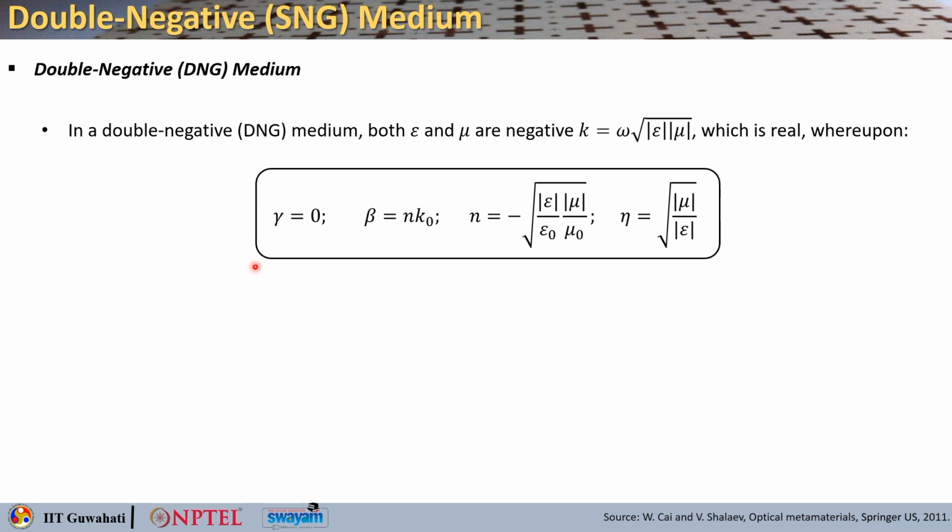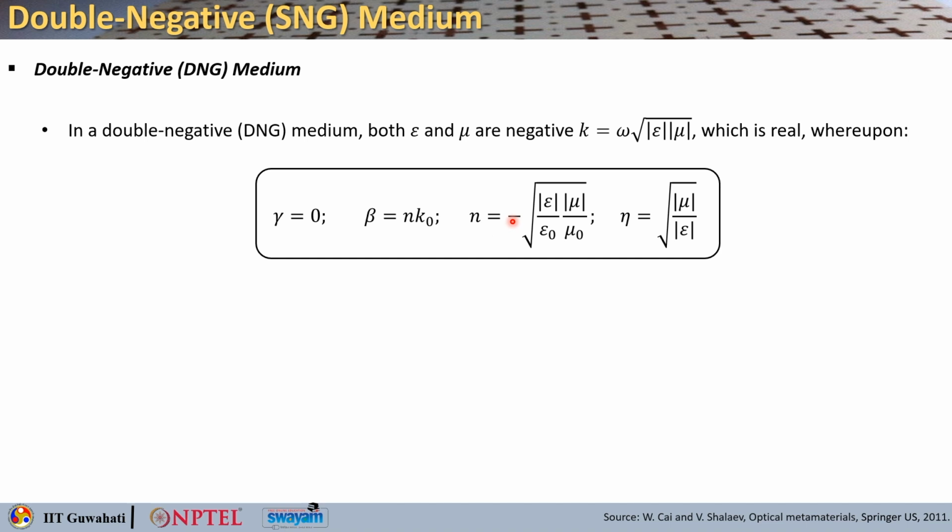And in this medium, because both are negative, you get a real quantity, but then you get a negative sign along with that. You can also see that gamma, the attenuation constant, will come out to be 0 because it is a real quantity, and beta is n k naught, where n can be written as minus square root of modulus epsilon by epsilon naught modulus mu by mu naught.